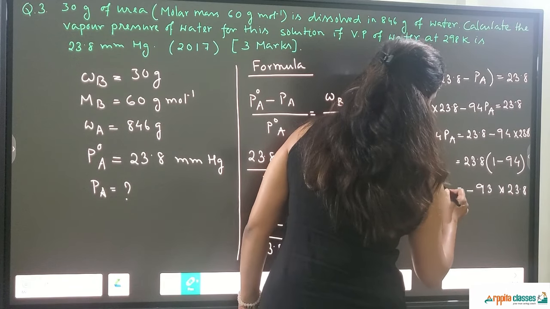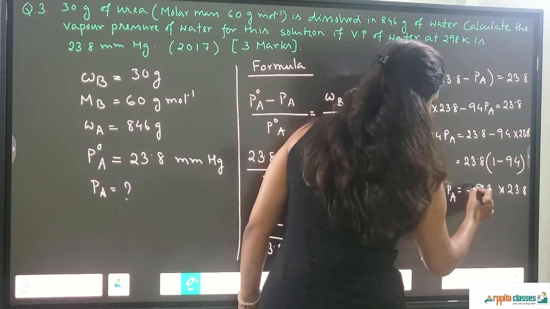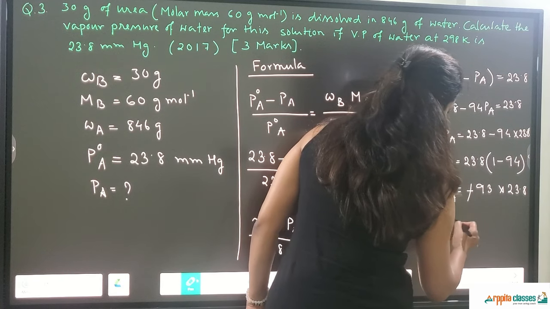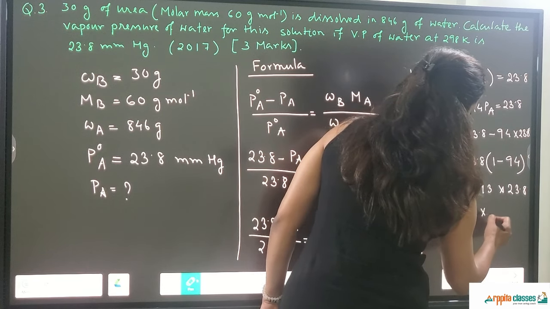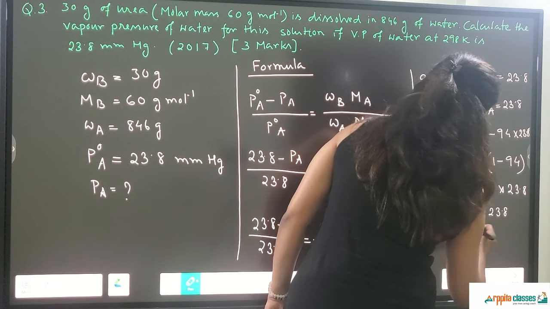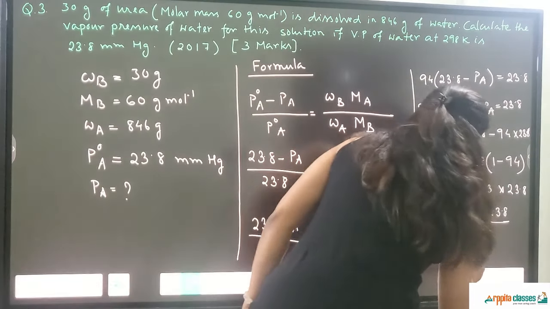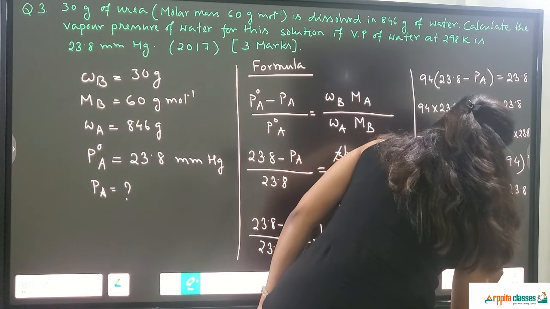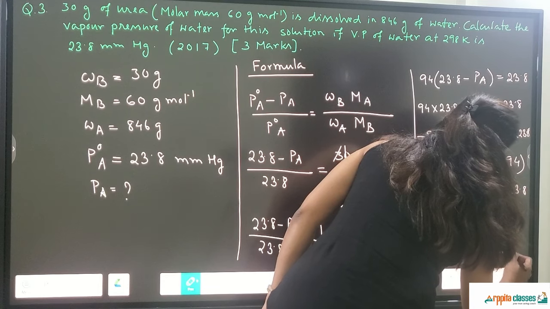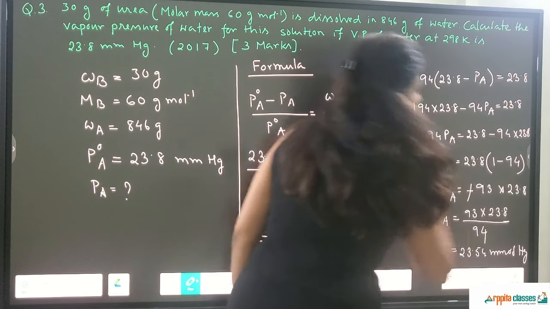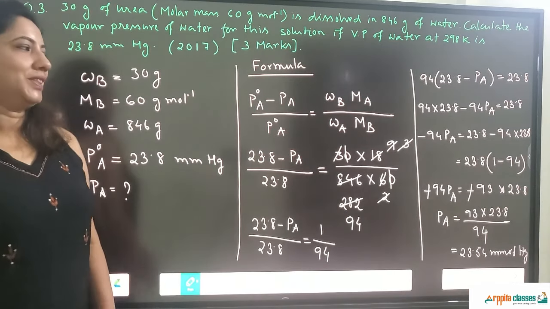So here minus and minus will get cancelled. So finally PA will be equal to 93 into 23.8 divided by 94. So the answer is 23.54 millimeter of Hg. Yes, so this is the answer for this question.